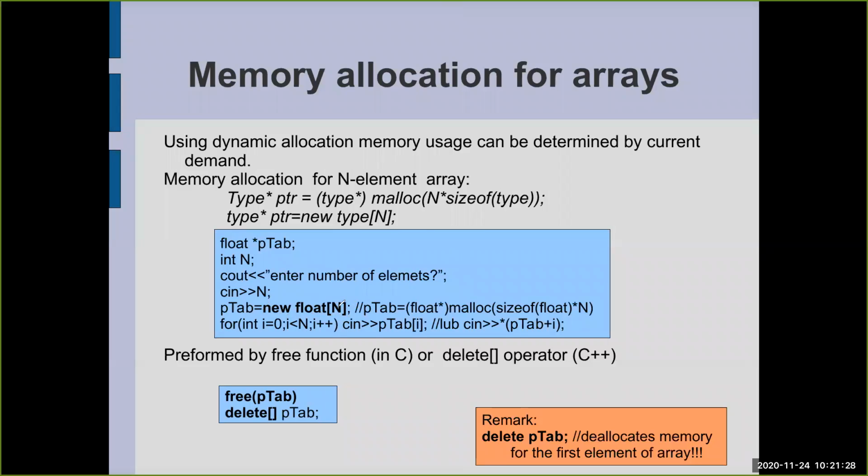So the decision is taken at runtime. In compiling time, I don't need to know how many elements will be here. It can be 3 as well as 1000.